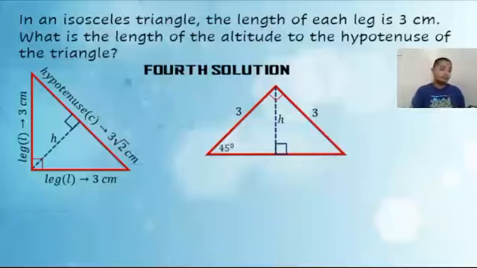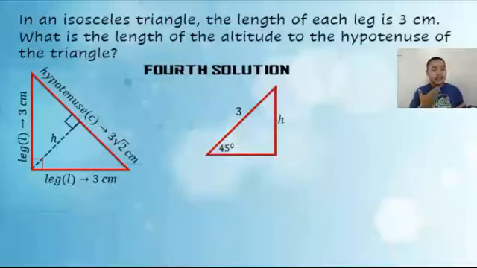Now, focus on this triangle only. In this triangle, this h is actually the opposite side of this 45-degree angle. So h is the opposite, while 3 is the hypotenuse. Applying the trigonometric ratios, sine theta, where theta is the angle measurement, is equivalent to opposite over hypotenuse.